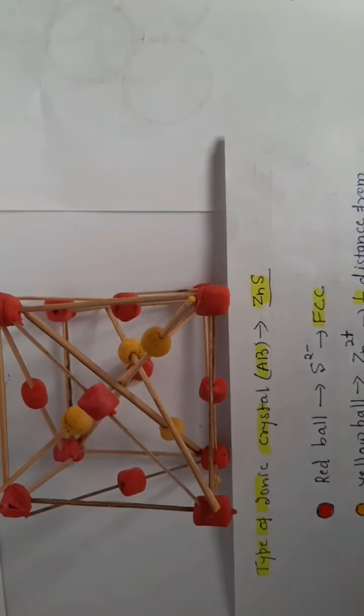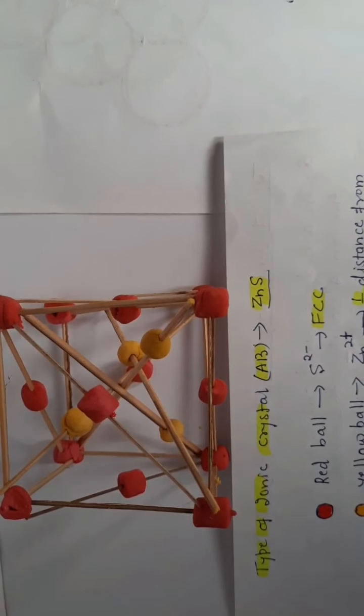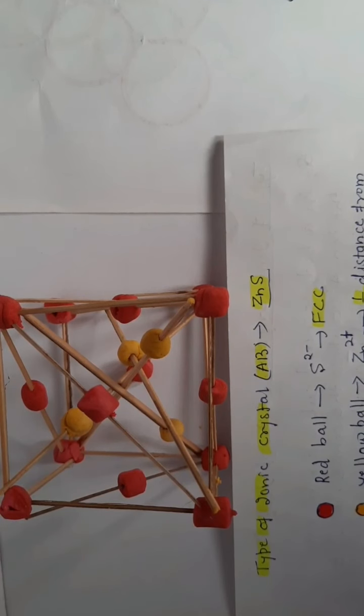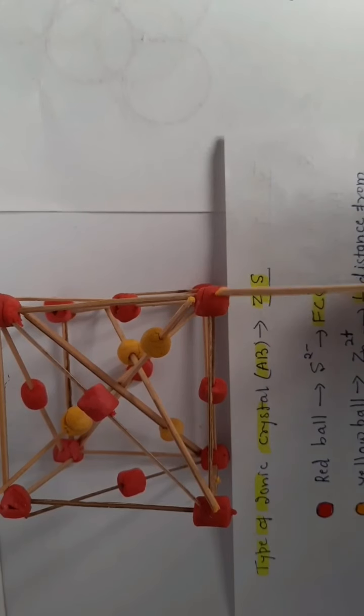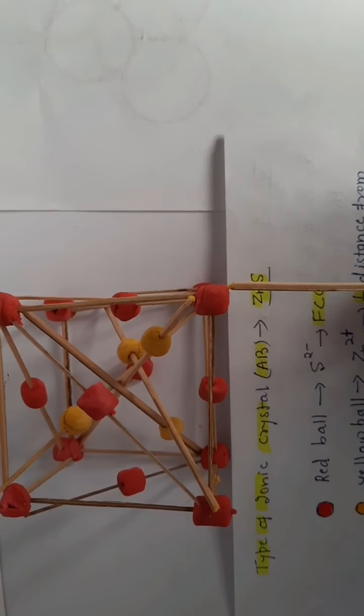Now each corner is common between how many unit cells? Each corner is common between 8 unit cells, and you know that it means there can be 8 diagonals which can be drawn from this corner in the 8 different unit cells. And since the zinc ion is occupying only the alternate diagonals, it means half of the diagonals will be occupied out of the 8 diagonals that can be formed by this corner atom, which is common between the 8 unit cells.